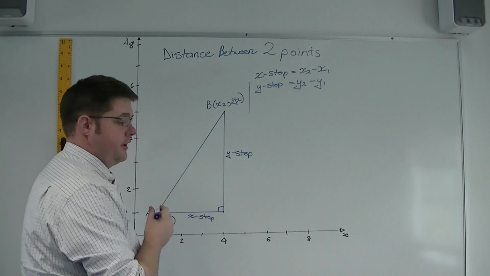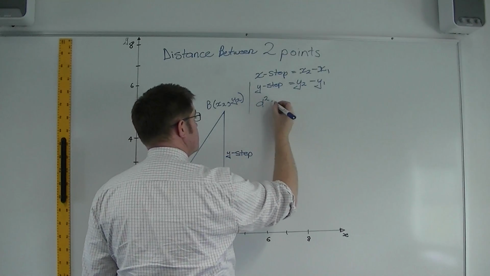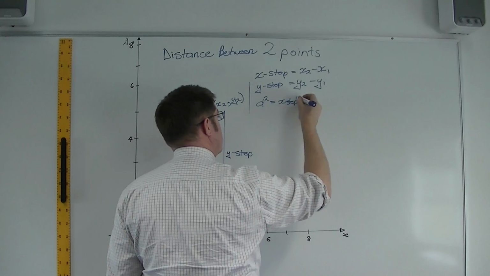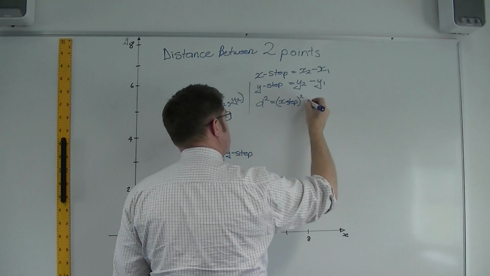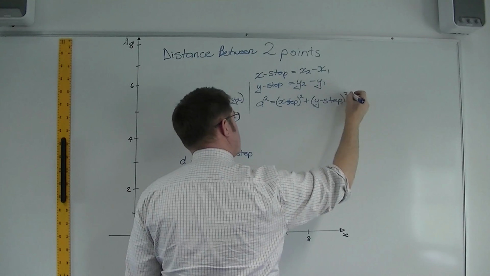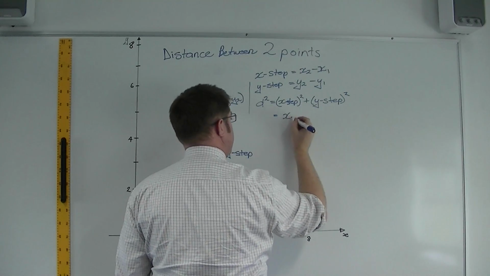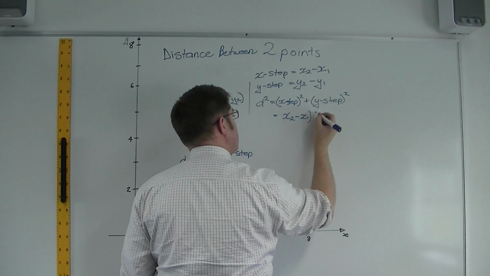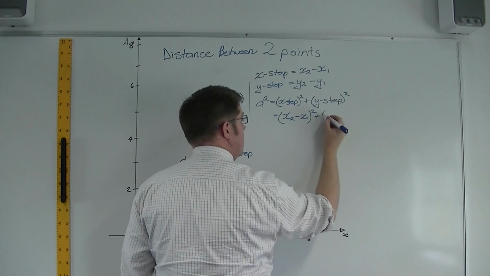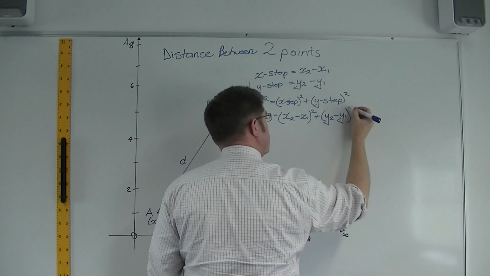So going back to our earlier example, if I wanted to determine this distance here, I'd say that d squared in this instance equals the x step squared plus the y step all squared. And if I substitute these values in for the x step, I'll have x2 minus x1 all squared plus, and then I substitute the y step in, I'll end up with y2 minus y1 all squared.